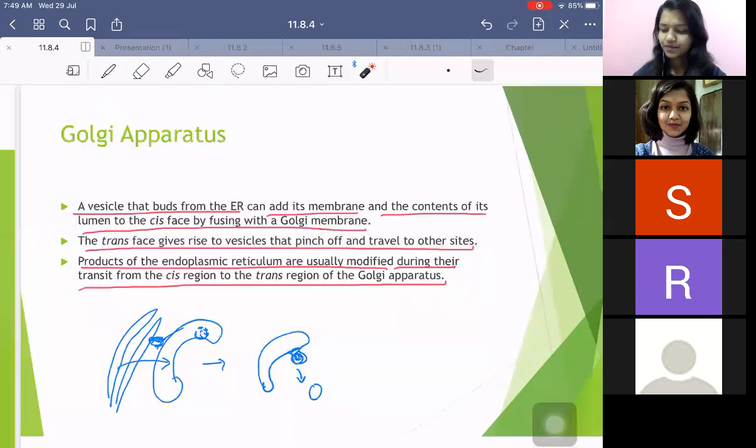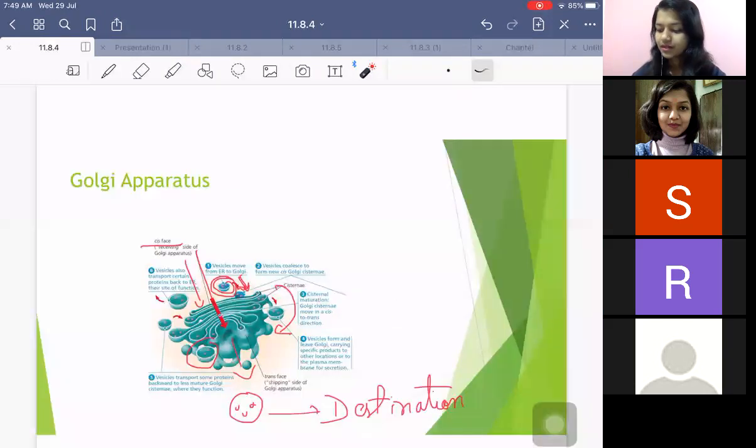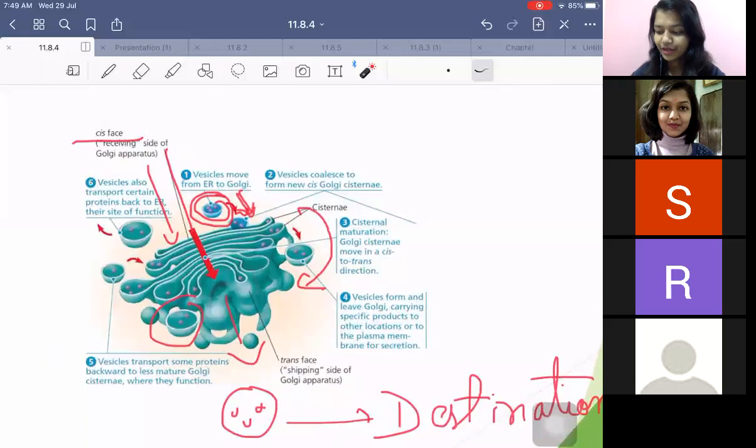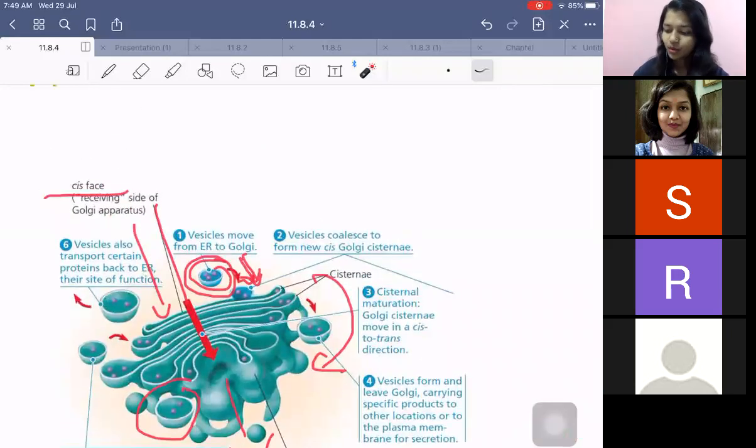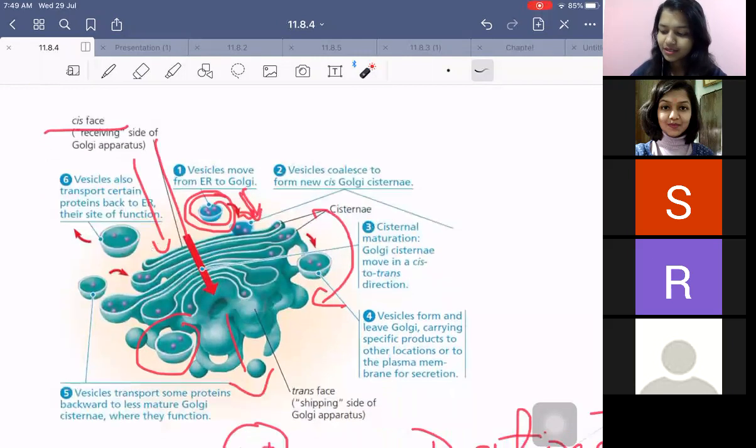Simple, right? Now, see, whatever we learned is given here in the form of a diagram. Okay? First step, the vesicles are coming from the endoplasmic reticulum. Vesicles move from the endoplasmic reticulum to the Golgi, right? This is the Golgi cis phase, this one.